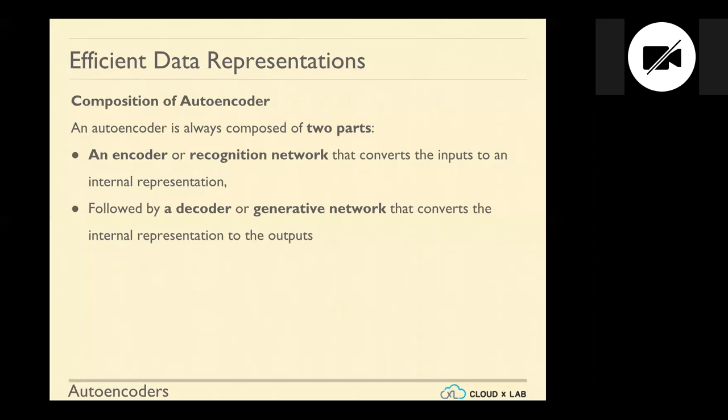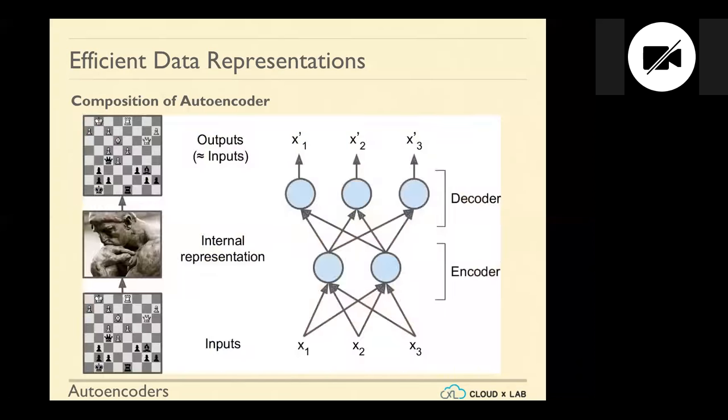An autoencoder has two parts: a recognition network, called the encoder, that converts the inputs to an internal representation, and a decoder, which is a generative network that converts the internal representation to the output. So inputs, the internal representation, and the output.